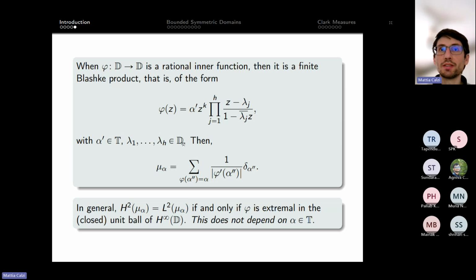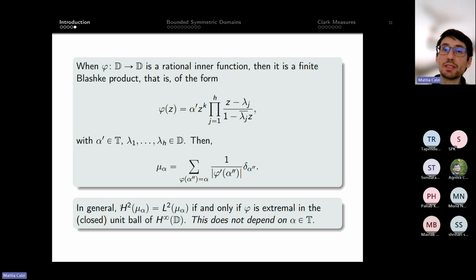And so you get the rational inner functions are of this form, and the corresponding Clark measure may be described completely in this way. So you take the values of the elements of the torus where phi is equal to alpha. Notice that phi is defined on a neighborhood of the closed unit disk, so there is no need to consider radial limits. And you take the Dirac delta at this point with this coefficient.